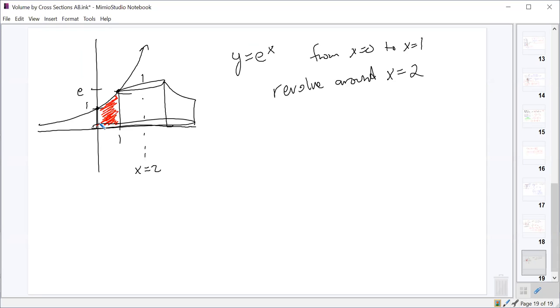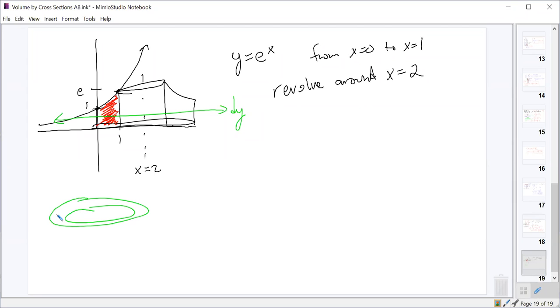Great. So first off, is there a cross section slicing it horizontally in dy that is a circle or a washer, a disc or a washer? Yeah, we get washers, right? We should get these washers every time.